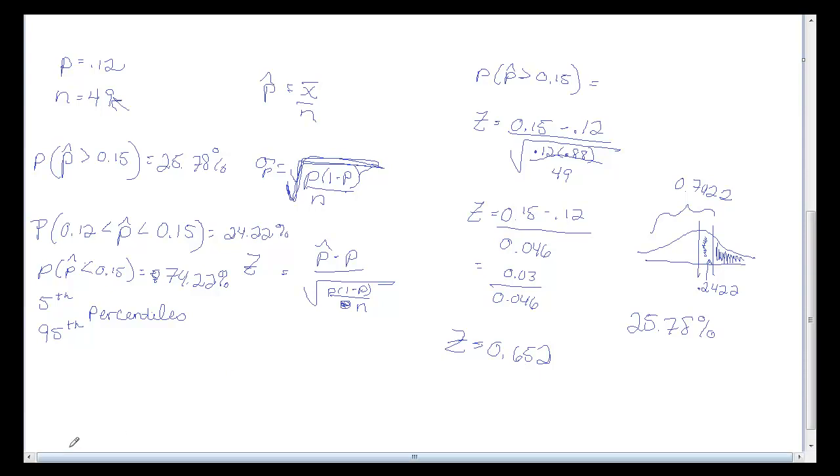So I'm going to pause the video and look for the approximate z-scores for both. Alright, so looking at the chart, I found that my 5th percentile is associated with negative 1.64, and my 95th percentile is associated with 1.64. Now again, this is just like the other z-score problems, where I have a z of negative 1.64. I need a p hat.